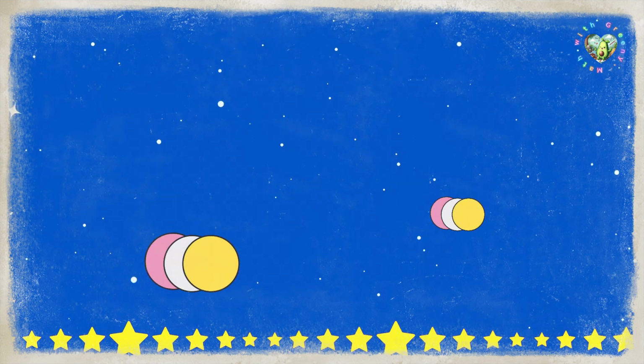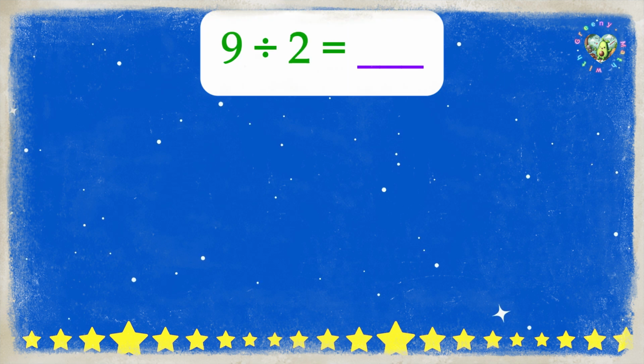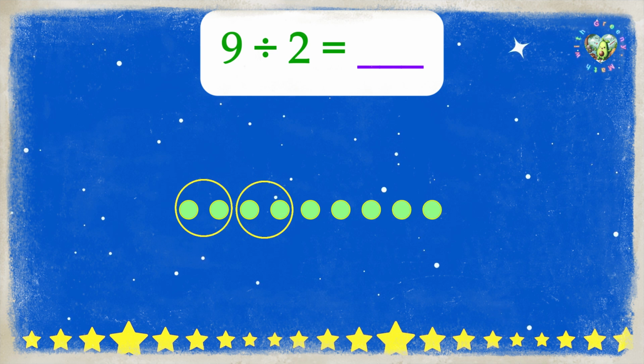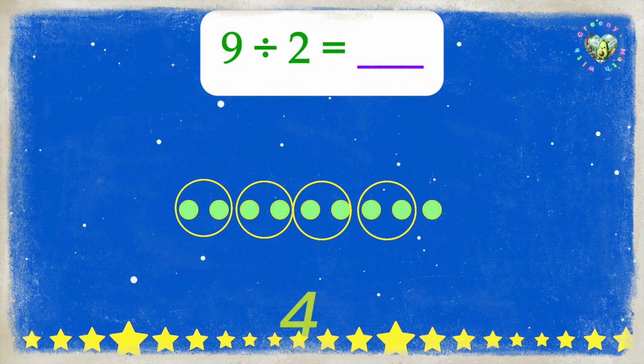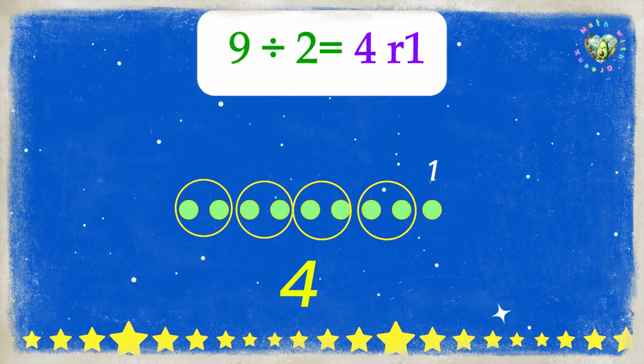Great job! Now, try it on your own. 9 divided by 2. 9 divided by 2 equals 4 remainder 1.